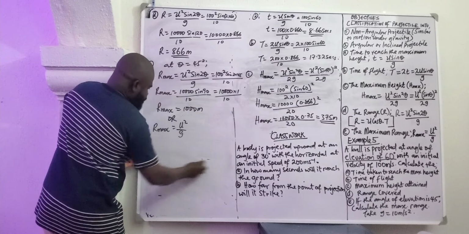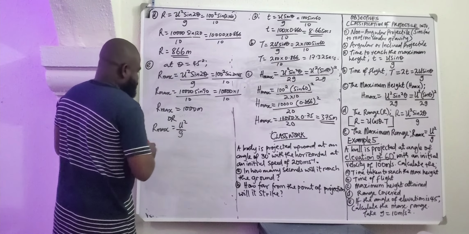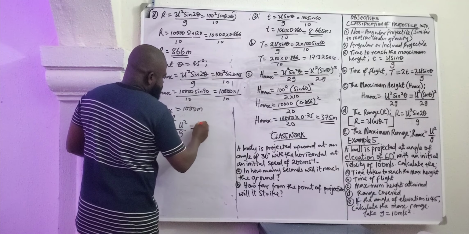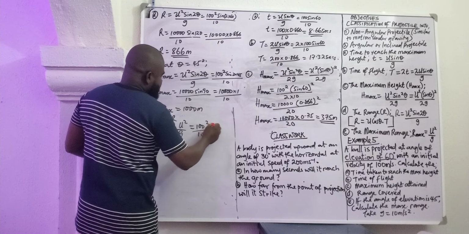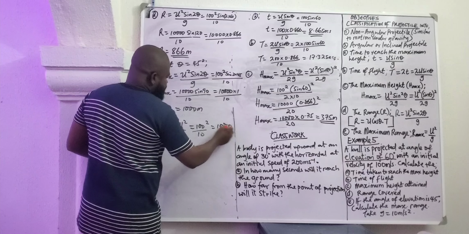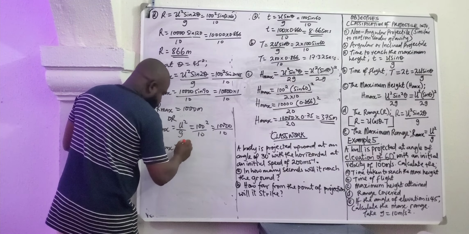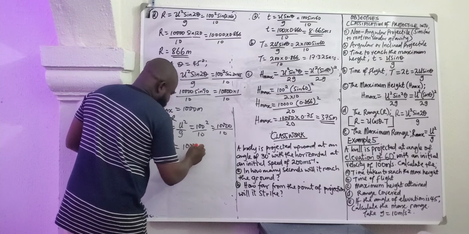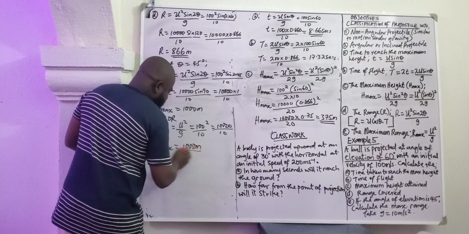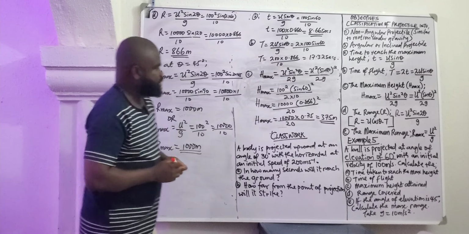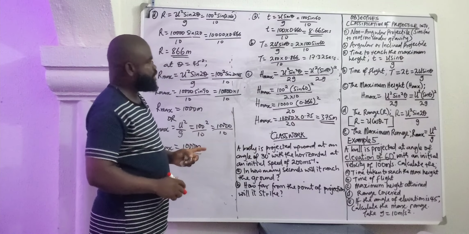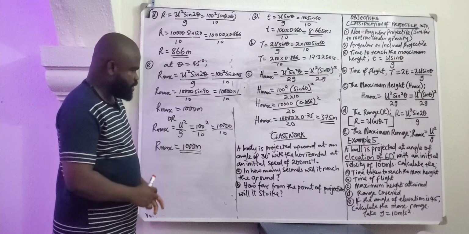So it's understood. So you can just simply substitute your values. This is what? 100 squared divided by 10, which is 10,000 divided by 10, meaning the maximum range equals 1,000 meters. So that is how we apply all these formulas in obtaining the various quantities.